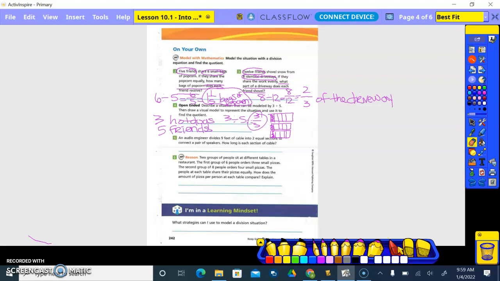All right, number 5. An audio engineer divides 9 feet of cable into 2 equal sections to connect a pair of speakers. How long is each section of the cable? So 9 feet of cable, 2 equal sections. How long? So what's our whole piece? 9. And then divided by how many pieces? 2. So that equals 9/2, which equals what?